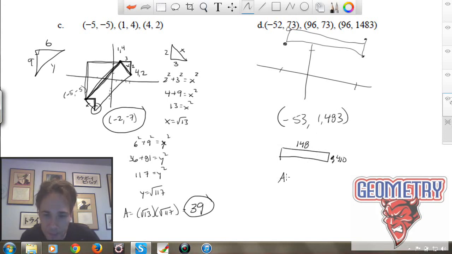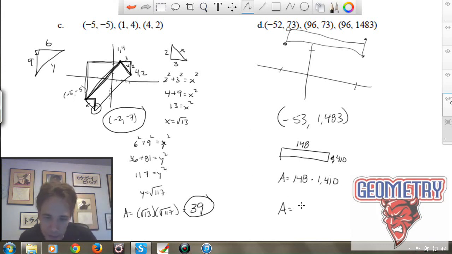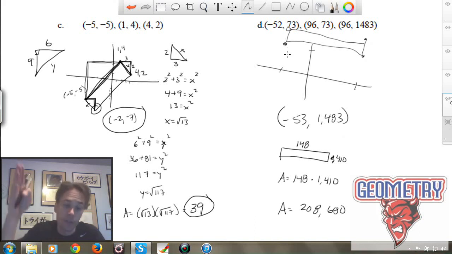So the area is going to be 148 times 1,410, which works out to be an area of 208,680.